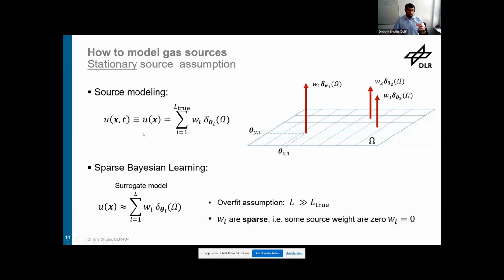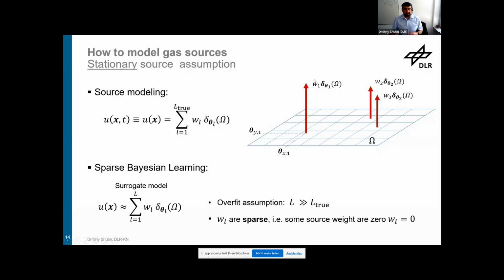So effectively, we say the sources, the functions that drive the whole diffusion process, is just a linear combination of weighted Dirac impulses. Every delta here is a measure, a Dirac impulse located somewhere at the location theta with a subscript L. So it's an individual source located somewhere in my space.